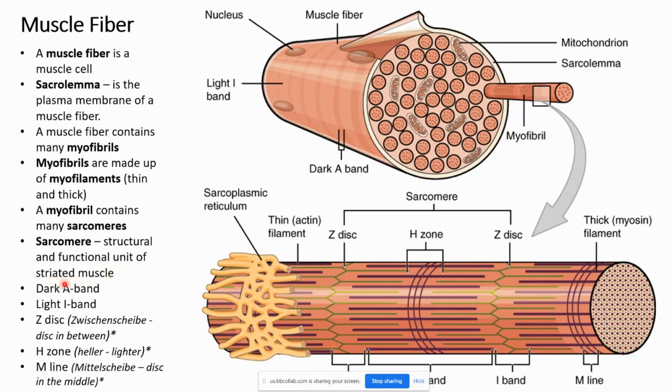Striated is another word for skeletal muscle. The way this sarcomere contracts is by overlapping more and overlapping less, which is called the sliding filament model. So actin and myosin will slide against each other, which will move these Z-discs closer together or far apart.